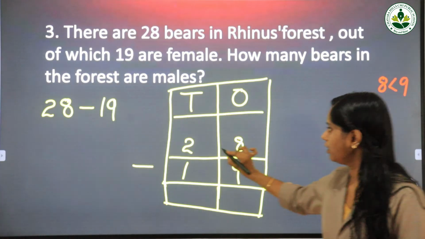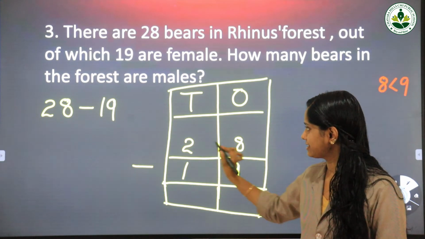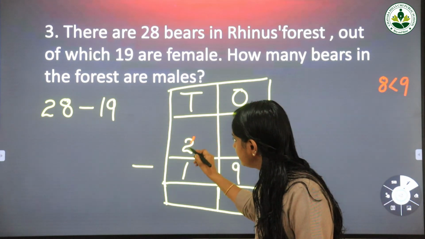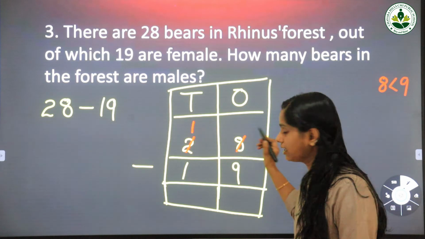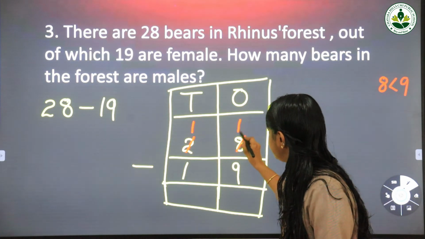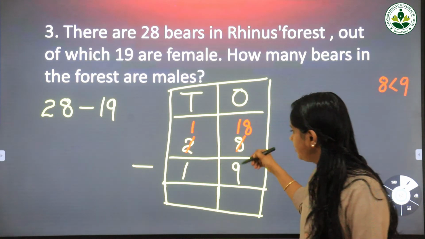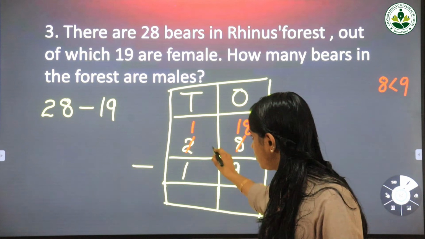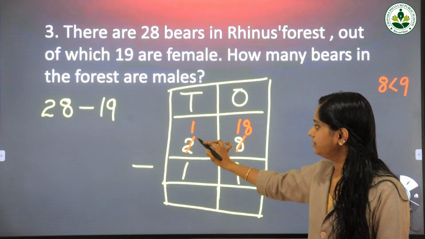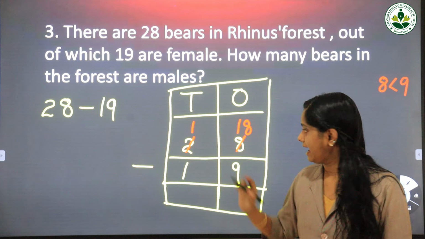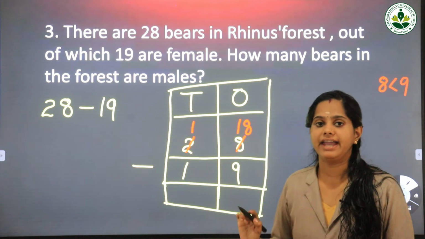So we will borrow 1 ten from the tens place. So this 2 will become 1 and this 8 will become 18.